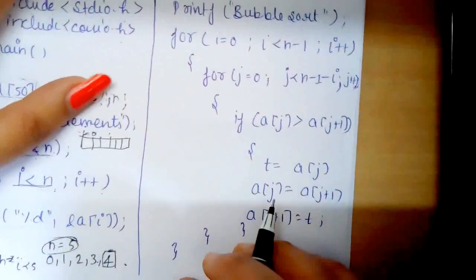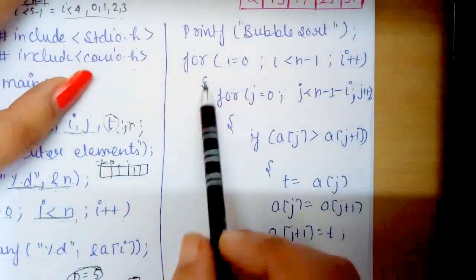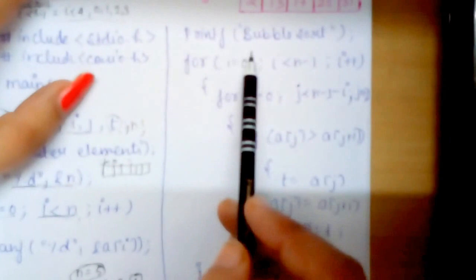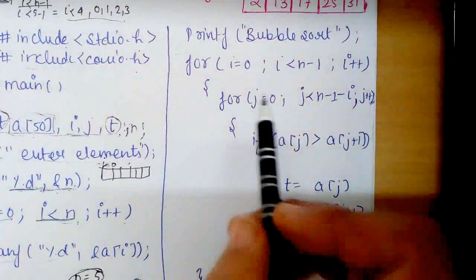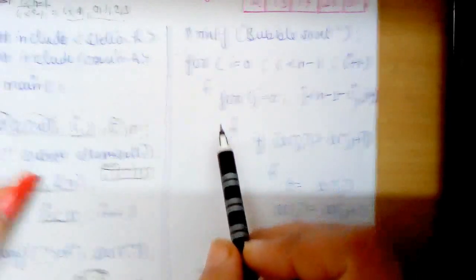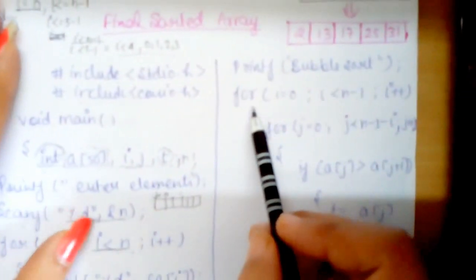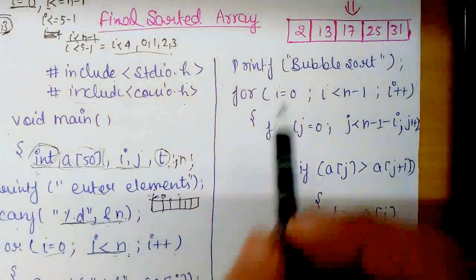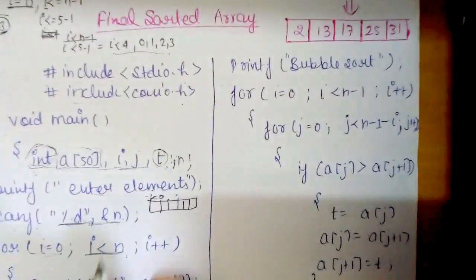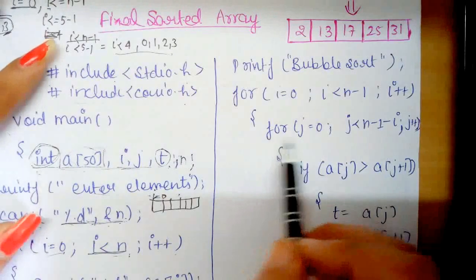Now this is the code for bubble sort. I am printing "bubble sort". As I have told you, the ith loop I am taking for passes, and the jth loop I am taking for comparisons.